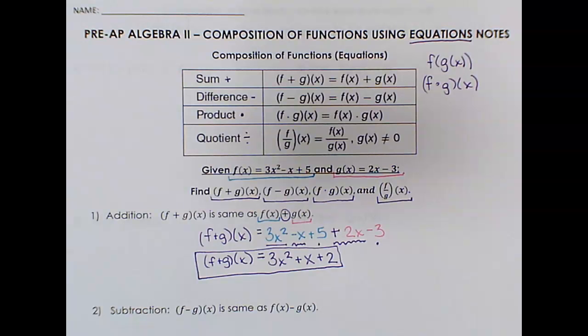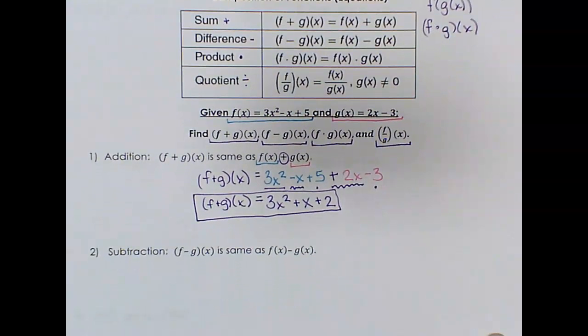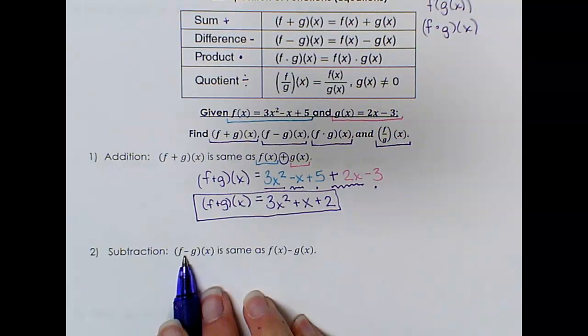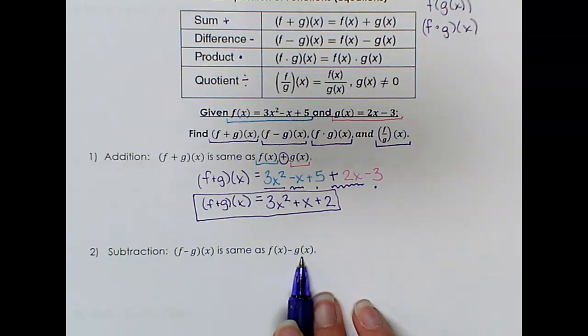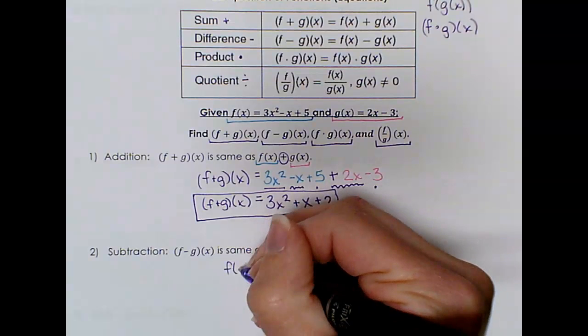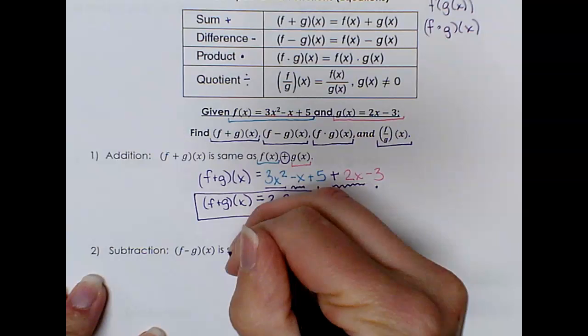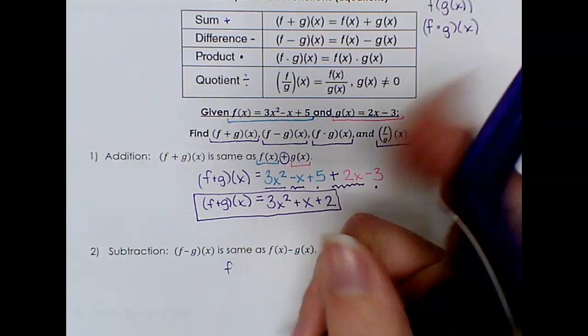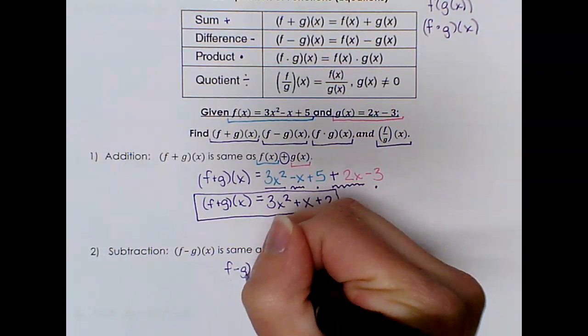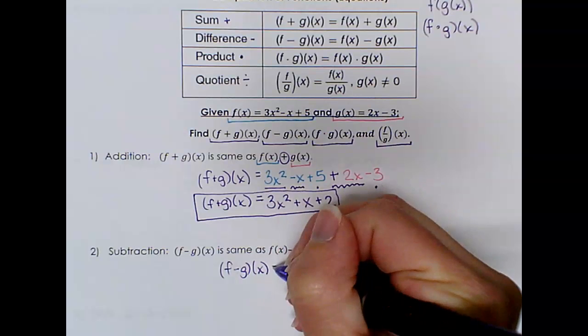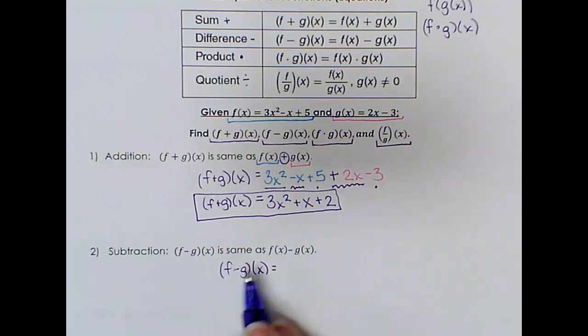So now, let's look at subtraction. So for subtraction, I want f minus g of x, so I'm just going to subtract the two functions. F minus g of x equals, I go find my f of x function.